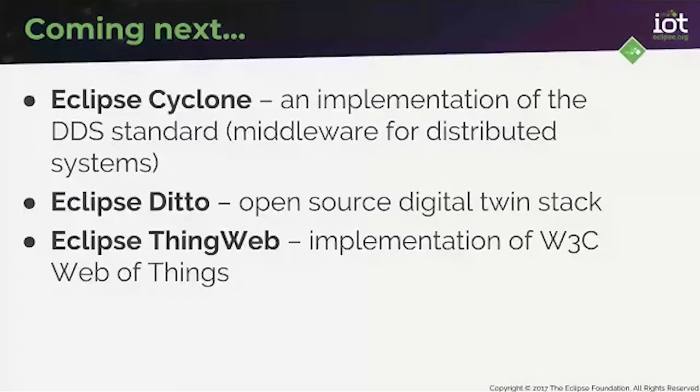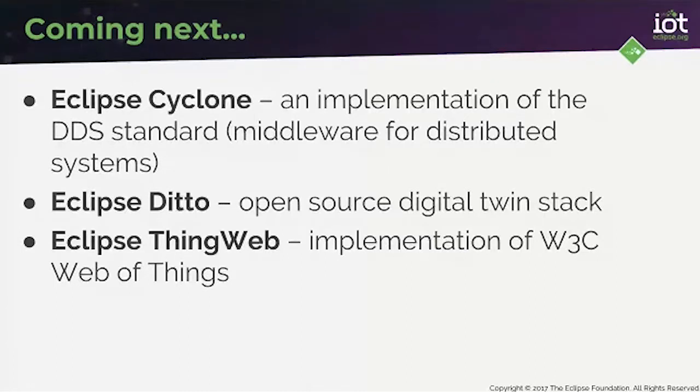Eclipse Cyclone will be implementing DDS, which is an industry standard for communication in distributed systems and large-scale systems, when you want to do real-time messaging and implement really critical quality of service mechanisms. Eclipse Ditto is going to be pretty interesting.